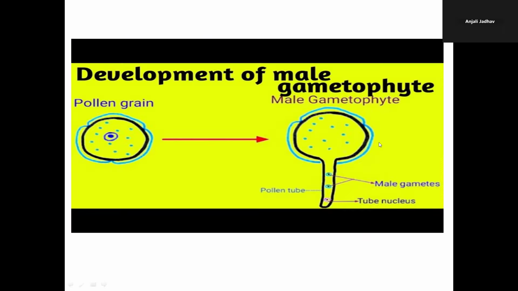So here you can see, from unicellular haploid uninucleate pollen grain will get developed to form male gametophyte, means pollen grain with the pollen tube, two male gametes and tube nucleus. So this is called male gametophyte.